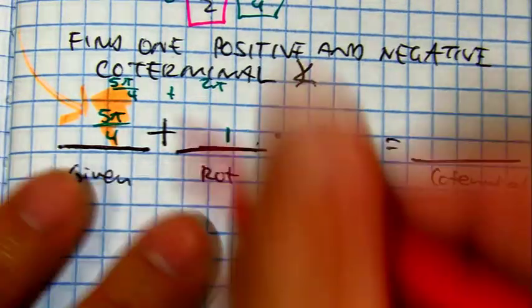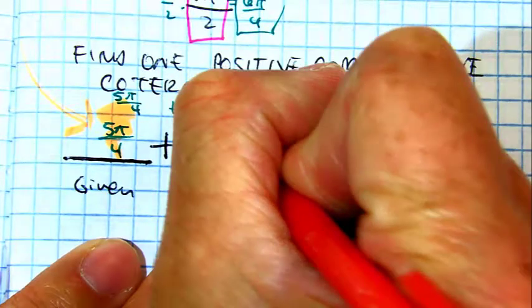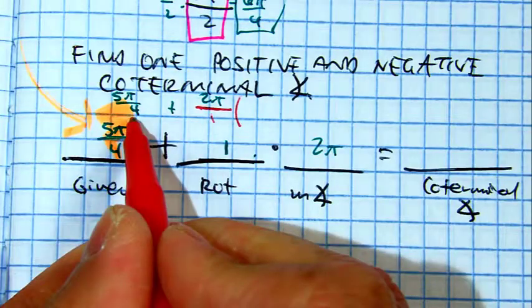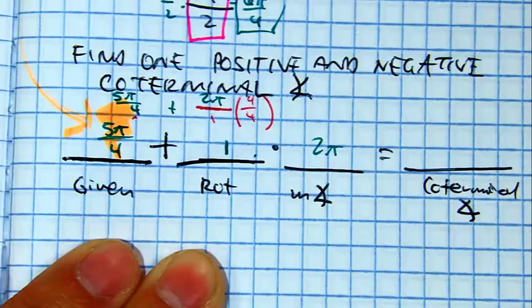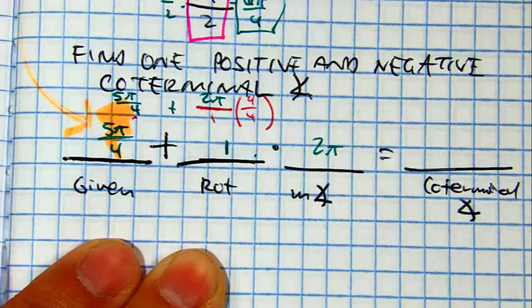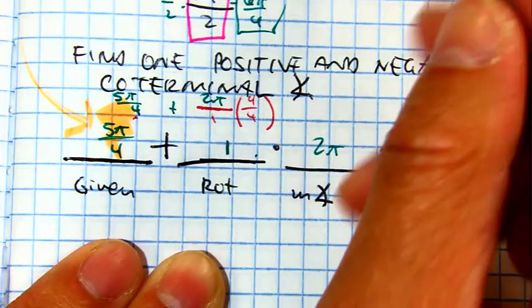Class, how do you make 2 pi a fraction? I'm going to have to multiply by 4 over 4. Because if I multiply by 4 over 4, I'm going to get 8 pi over 4.